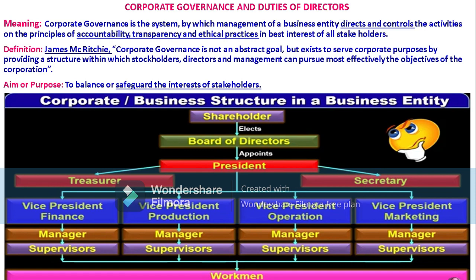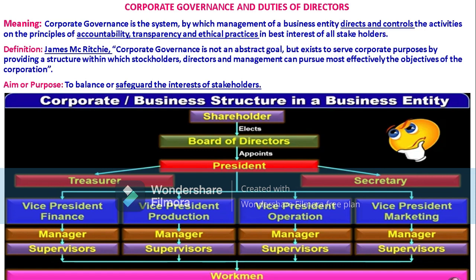It is concerned with the structure of the board, directors, subcommittees, etc. Implementation of corporate governance in an organization is good for both the company and at the same time the stakeholders of the company also.